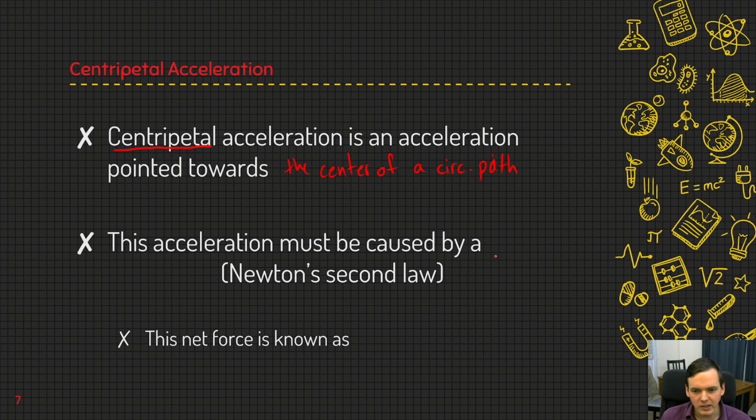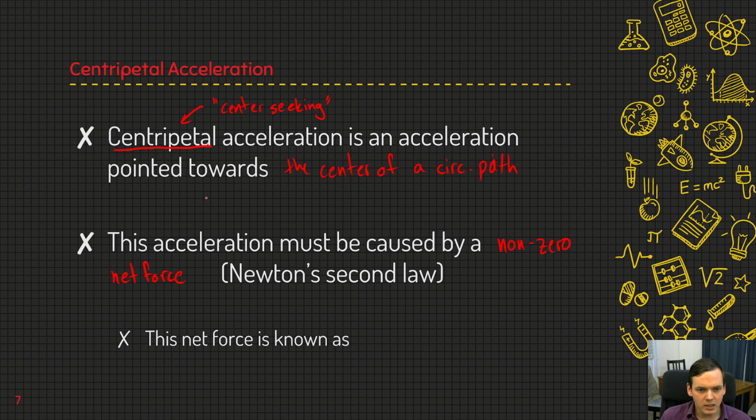They must be caused by a non-zero net force. This is Newton's second law. We call that acceleration centripetal. The root of this is roughly, don't quote me on this, center seeking, so pointed towards the center.